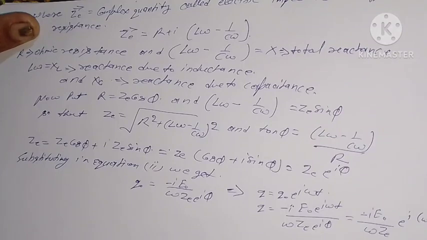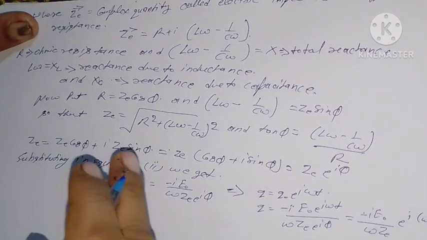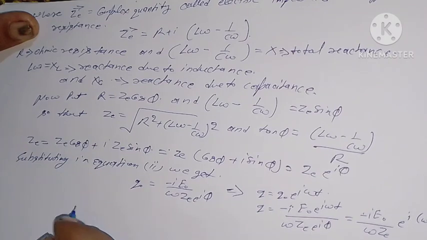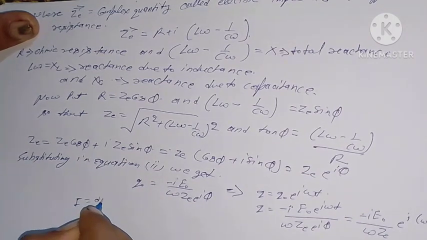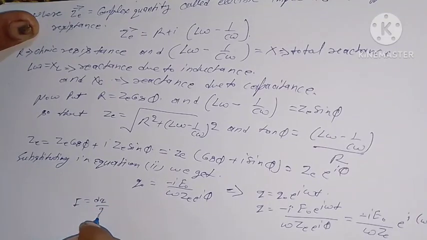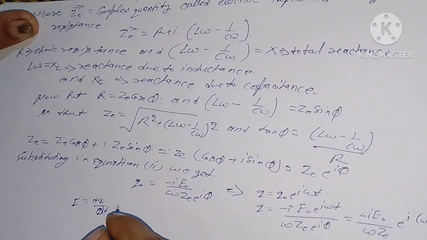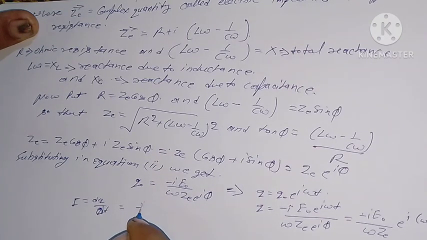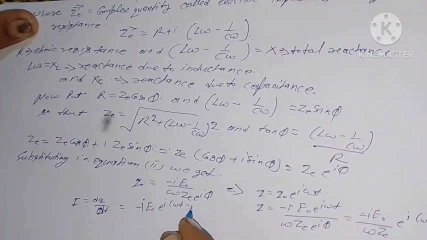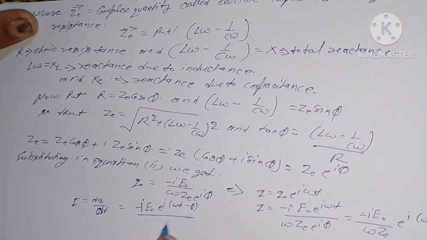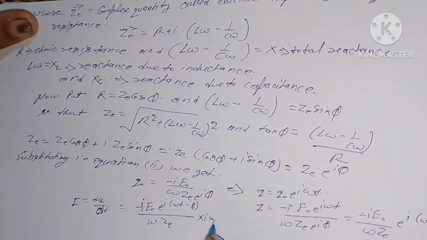The current I in the electric circuit, similar to the velocity v in a mechanical oscillator, is given by I equal to dq by dt, equal to minus i E naught e to the power i omega t minus phi upon omega Z, multiplied by i omega.